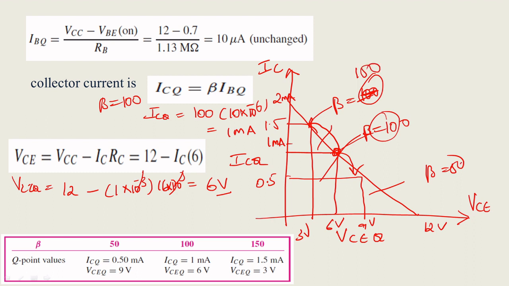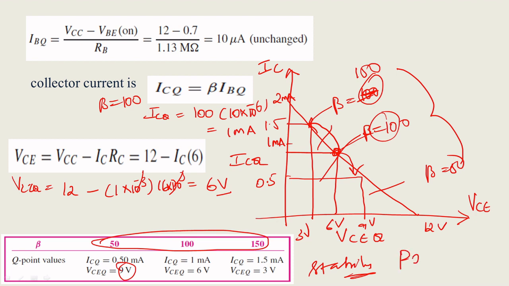When beta varies from 50 to 100 and 100 to 150, you can see how these points vary. For 50 you can see 9 volts, for 100 it was 6, for 150 it was 3. That means the values change with respect to transistor parameters. So the stability of the circuit is very poor. That is your understanding from this problem.